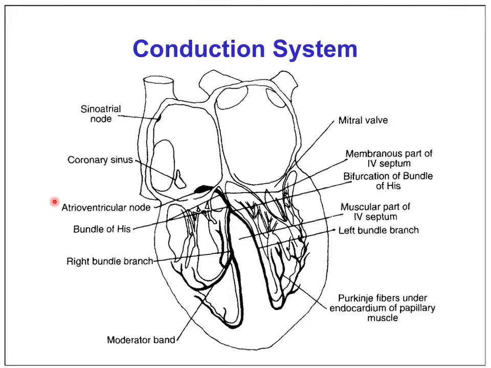And here at the AV node is where the signal from the right atrium, so this is the sinoatrial node, is a set of cells that is like your own pacemaker. So these cells just fire at a certain baseline rate, right? And they depolarize at a baseline rate. That causes a signal to go across the right atrium.